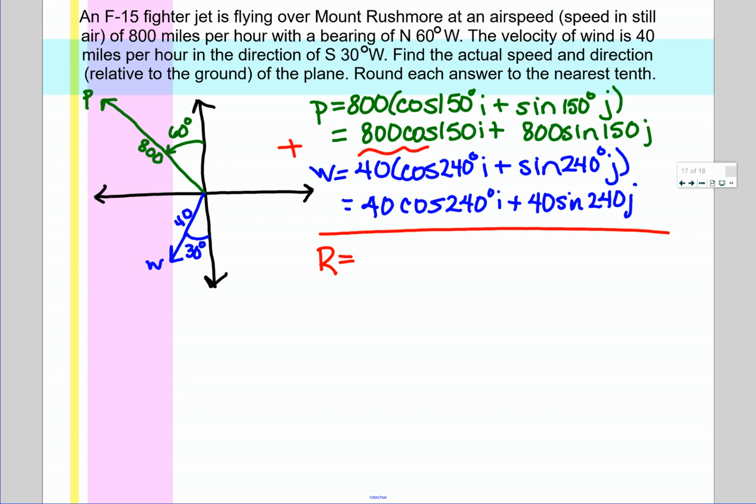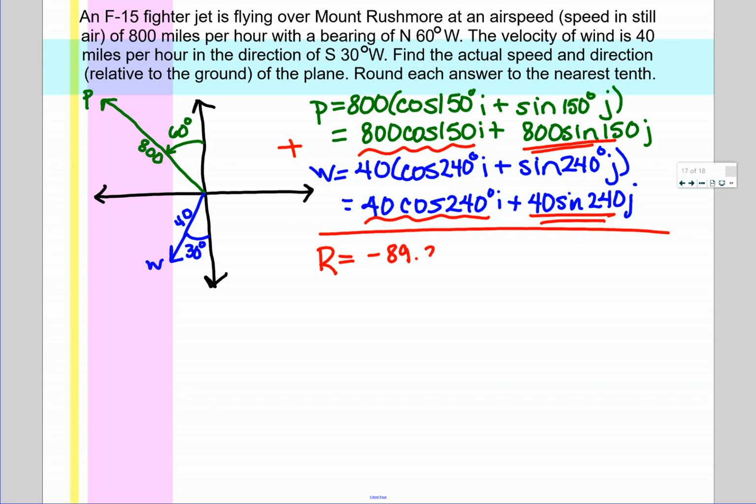So in your calculator, the numbers in front of the i's are what you're going to add together, and then the numbers in front of the j's are what you're going to add together. Okay? So try it with me. Make sure you can get the numbers in your calculator, okay? Make sure you are in degree mode. For the i's, you have 800 cosine 150. Make sure you end the parentheses. Plus 40 cosine 240.